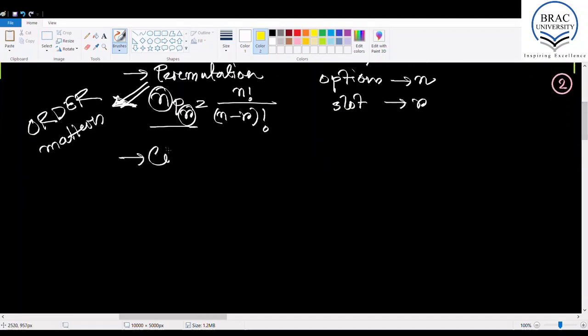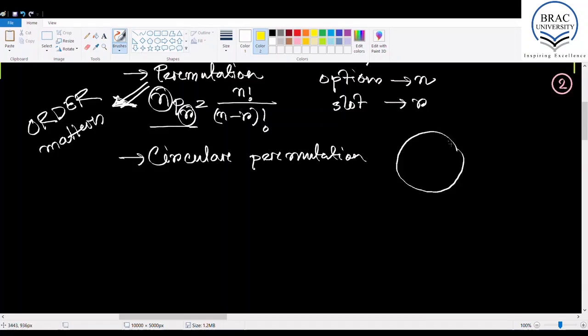Then we studied circular permutation, and for circular permutation the formula was, if you are asked to arrange n different elements in circular fashion, then the total number of permutations will be n minus 1 factorial, right? And we must remember how linear permutation is different than circular permutation. In linear permutation, if there are 6 different slots, this is the first slot, this is the last slot.